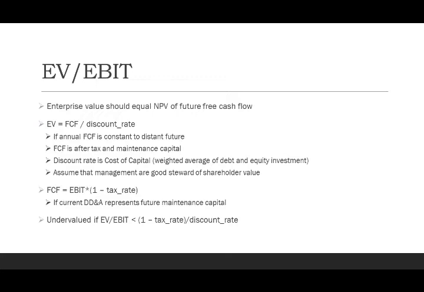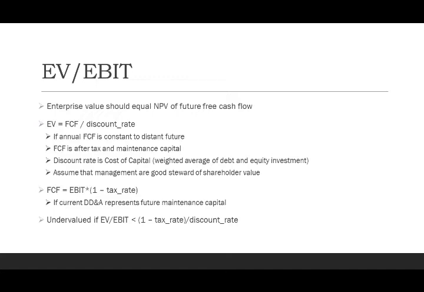EBIT is earnings before interest and taxes. In a very efficient market, the enterprise value should equal the net present value of the future free cash flow it will generate. So enterprise value should equal free cash flow divided by discount rate, if the annual free cash flow is constant into the distant future.